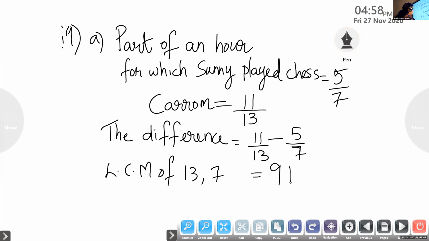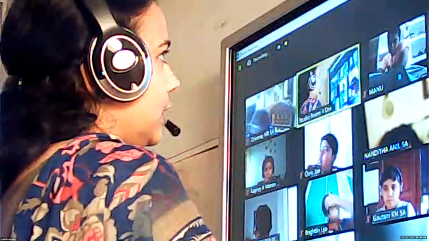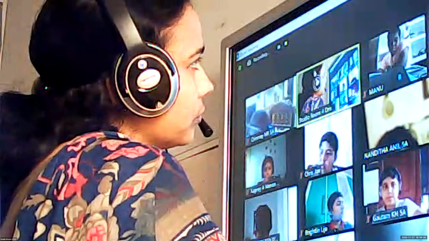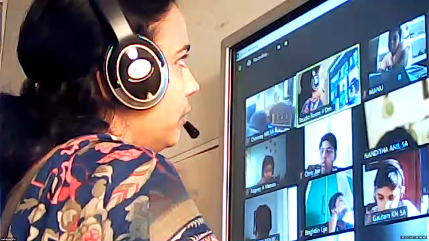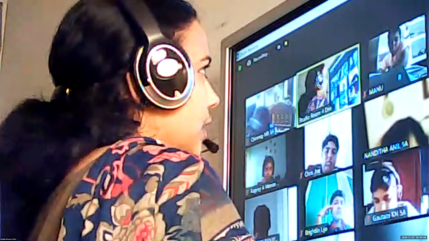You can write any other sentence. What is the last step? Yes, Anandesh, we should write LCM also, because both the denominators are different.